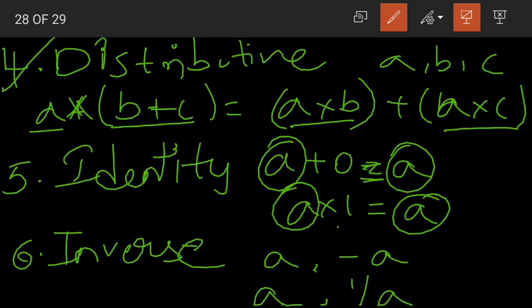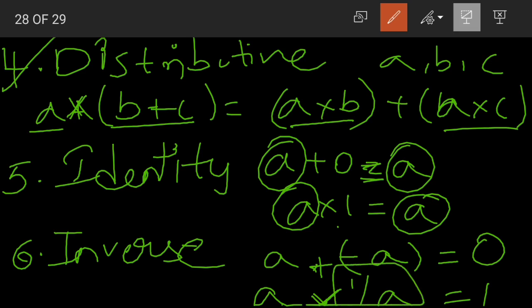How? When we add an integer and its additive inverse, the answer should be 0, and when we multiply an integer with its multiplicative inverse, the answer should be 1. Then we say that the reciprocal of the number is its multiplicative inverse.